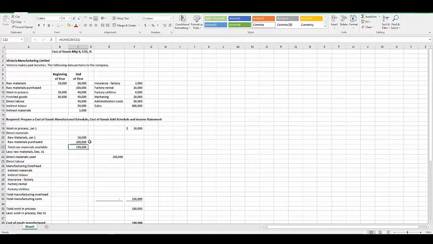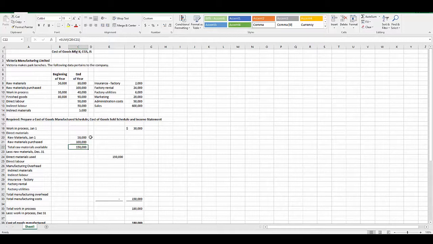So what this means is we had total raw materials available for the period of 150,000, comprised of the 50,000 we started with at the beginning of the month, then we purchased another 100,000. That gives us 150,000. So in order to figure out how much we actually used during the period, we have to subtract what we were left with at the end.